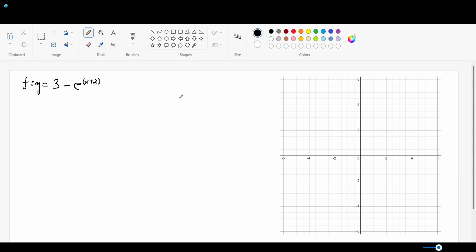The first thing I want to say is, maybe you don't realize that this is an exponential function because you don't see any number or base being raised to the power of x. But as you can see, our base in this function is this super special letter, the letter e.